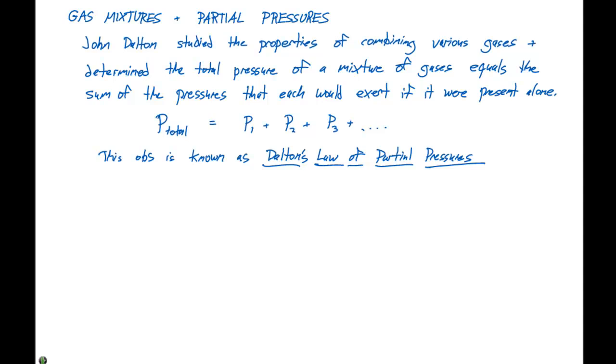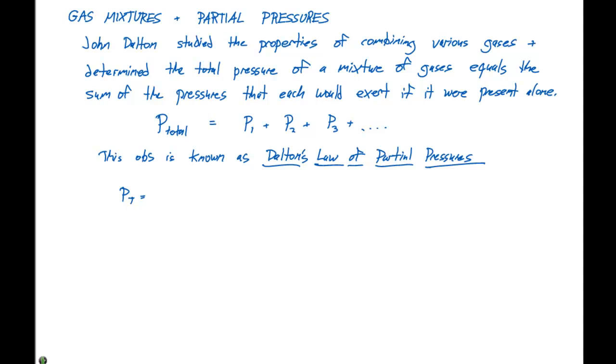So if we think about this, we can rewrite this P total expression, because if we assume each gas is ideal, we know that PV equals nRT. So P is going to equal nRT divided by V. Okay?